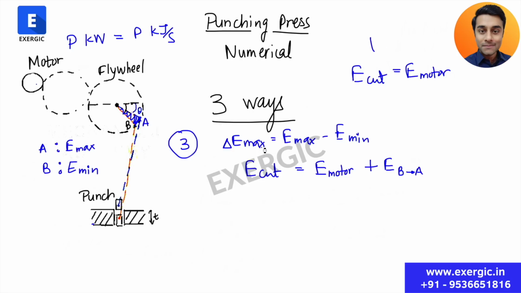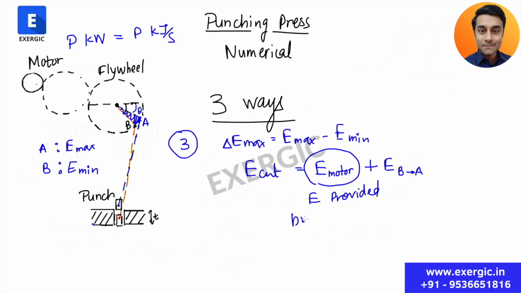So in the expression that I have written here, E of motor is not the energy of the motor per cycle. Rather, it is the energy provided by the motor during cutting, only during cutting, which is less than the total energy required for cutting.